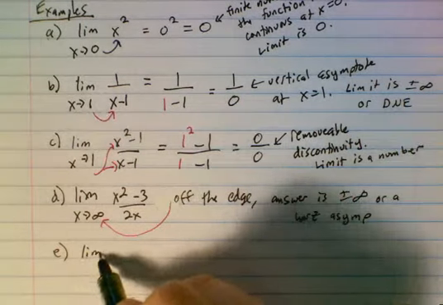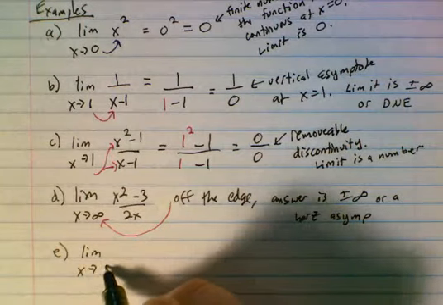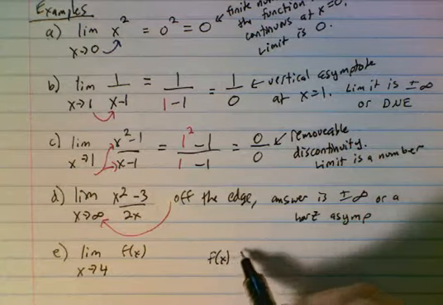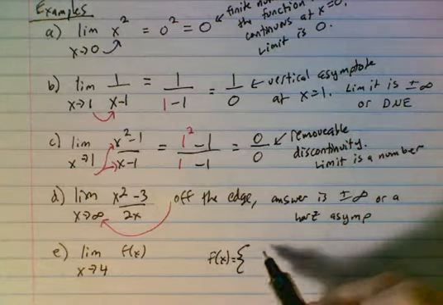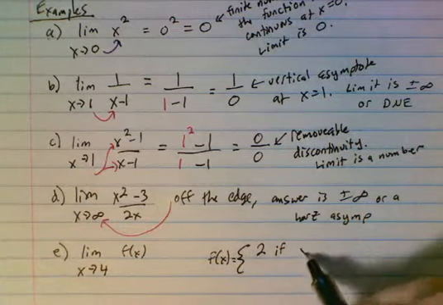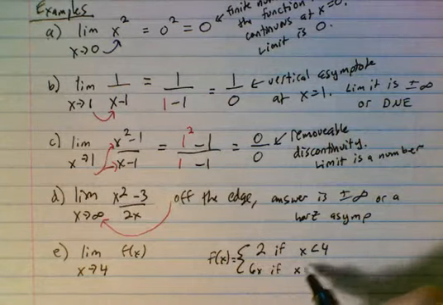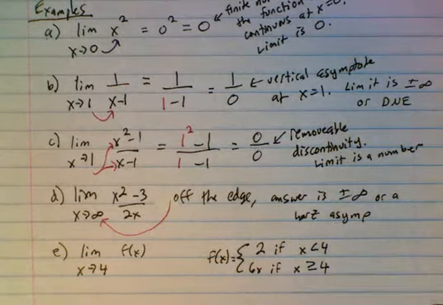And finally, let's say we have the limit as x approaches 4 of f of x, and we're told that f of x equals 2 if x is less than 4 and equals 6x if x is greater than or equal to 4.